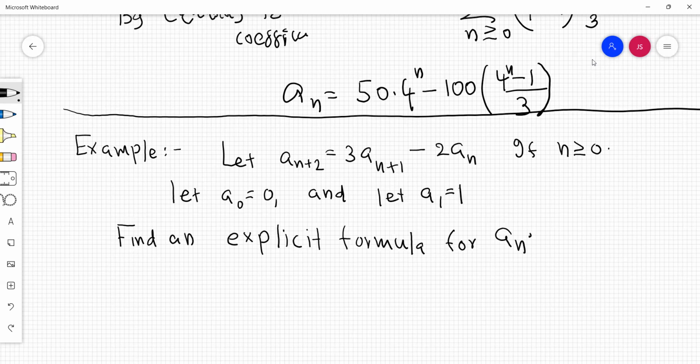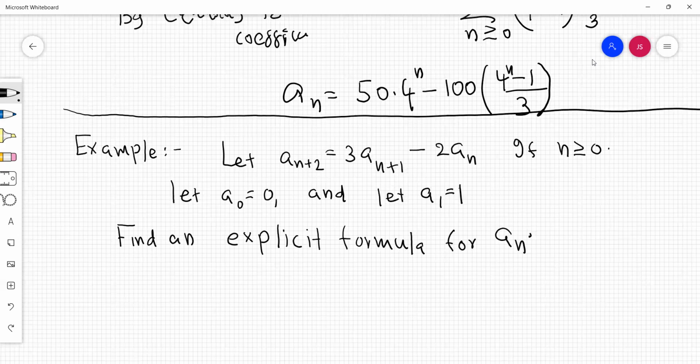Actually in the earlier problem, using a real world scenario, we built that recurrence relation. Now here the recurrence relation is given. Now our task is to find a closed form expression for this recurrence relation, right?